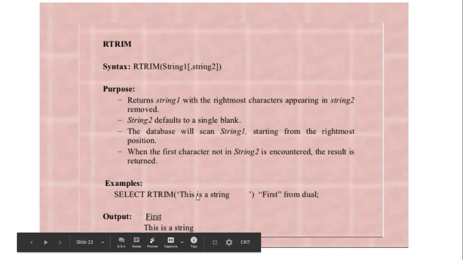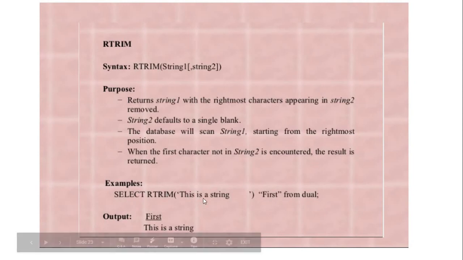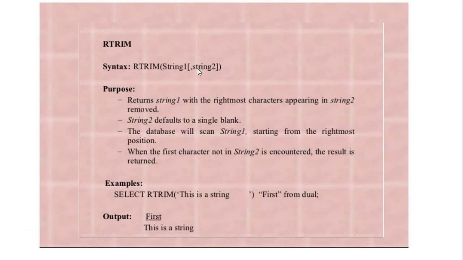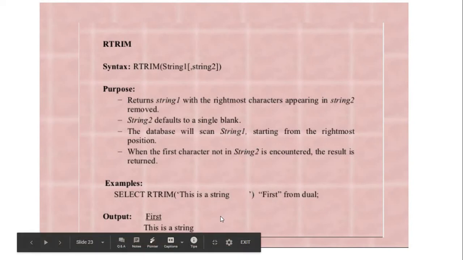Here we are passing this as the original string, and we have not passed anything as string 2, so it will consider a single blank as string 2, and then it will remove all such occurrences, returning this as the output.